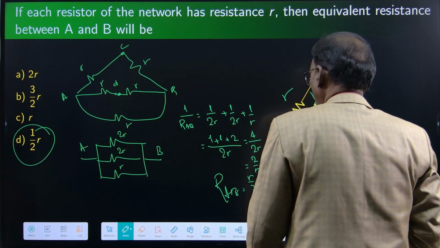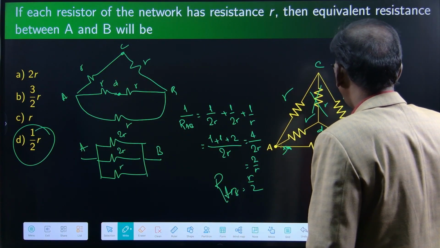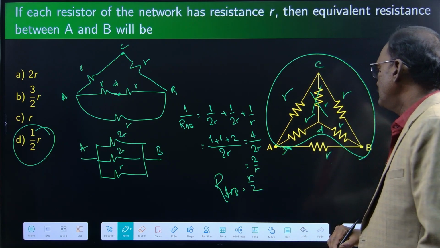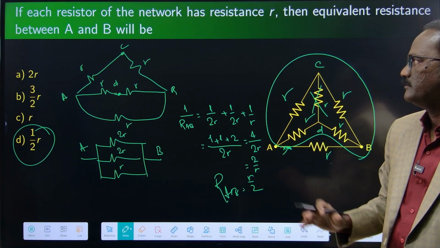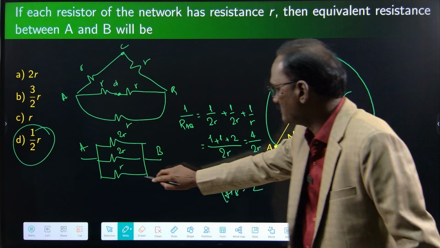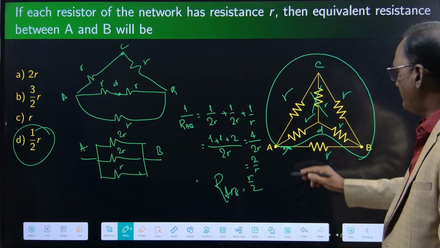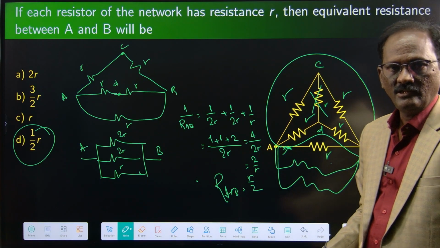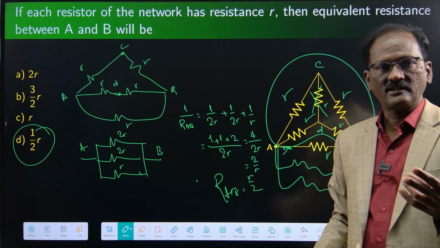Right. So 1, 2, 3, 4, 5, these resistors, this arrangement, make a Wheatstone bridge. Then finally you connect this one between A and B. Between A and B, you can connect any number of resistors. You need not stop at 5 resistors or 6 or 7.